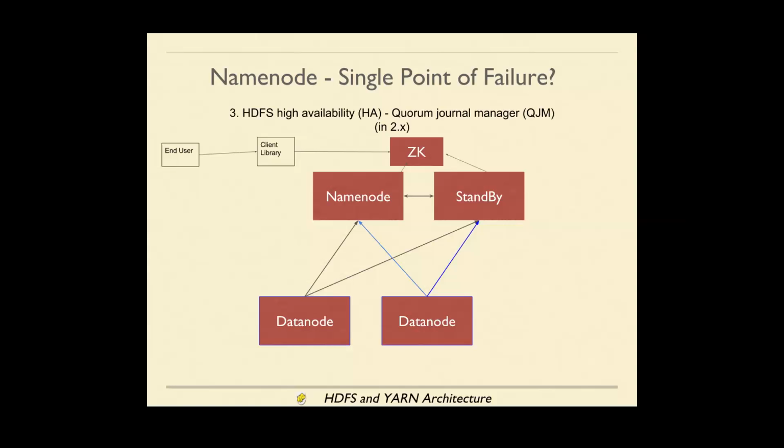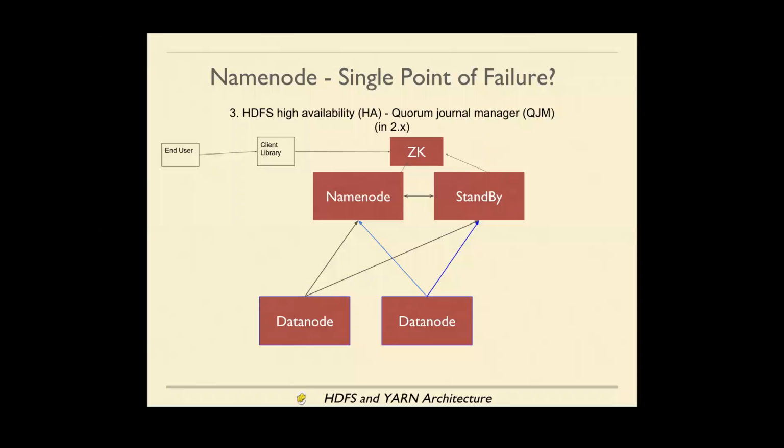Now, your question would be, who takes care of switching between name node and standby? It is the zookeeper. Zookeeper is like a whiteboard on which name node and all the standbys keep writing their name, that I am the active name node.